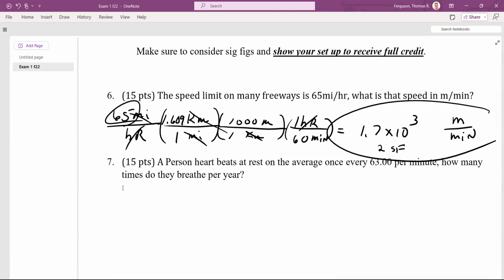After what she did, she got 65 times 1609 times 1,000, divided by 60. Yeah, well, 2 sig figs. So that's going to be 1.7.